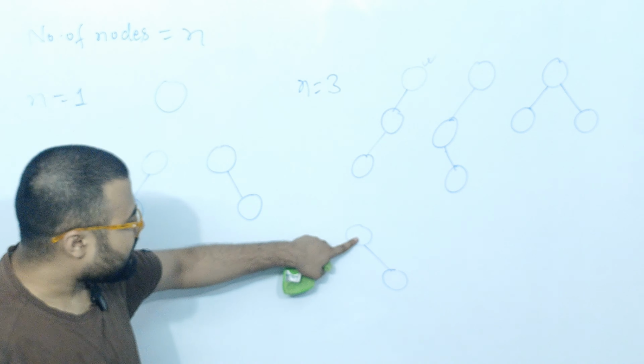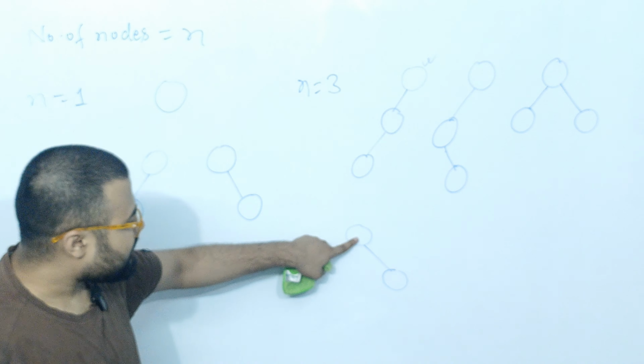Or I can add a left child to the root. So one possibility is this, another possibility is this, and another possibility is this, and these two are same. So I need not draw this.